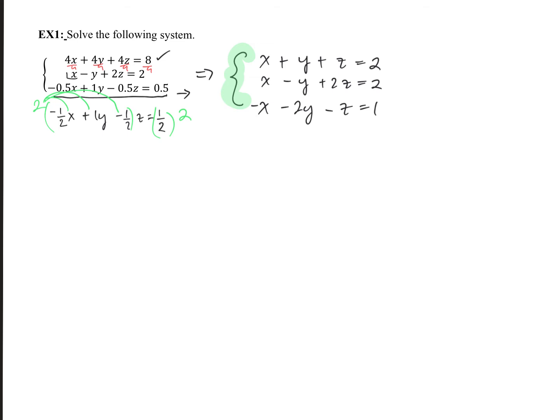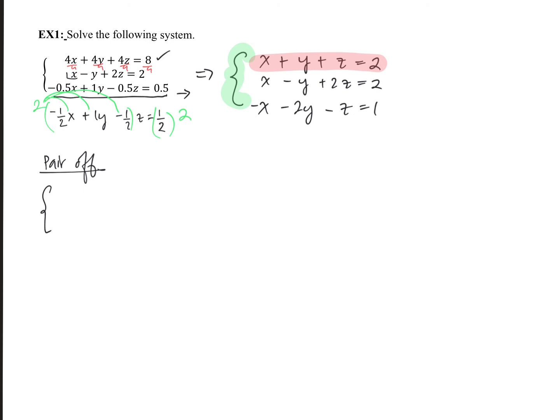Alright, so now it is simplified. So now I'm going to go ahead and work on the first step for solving 3 by 3 systems, which is to pair them off. But as you recall, since there are only 3, one of them has to do double duty, and that should be the simplest one. So which one of these looks like the simplest equation? That's kind of up to you, but I'll go ahead and use this one to be paired off twice.